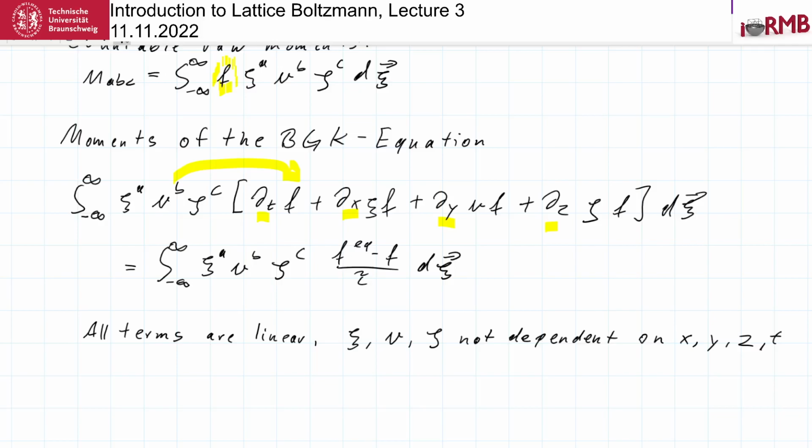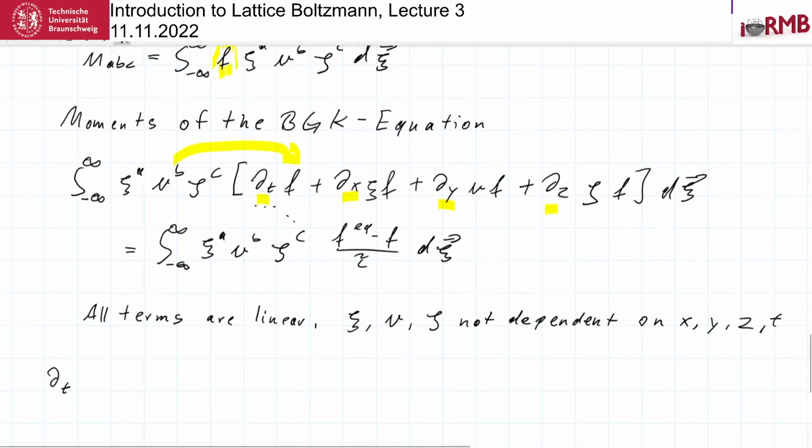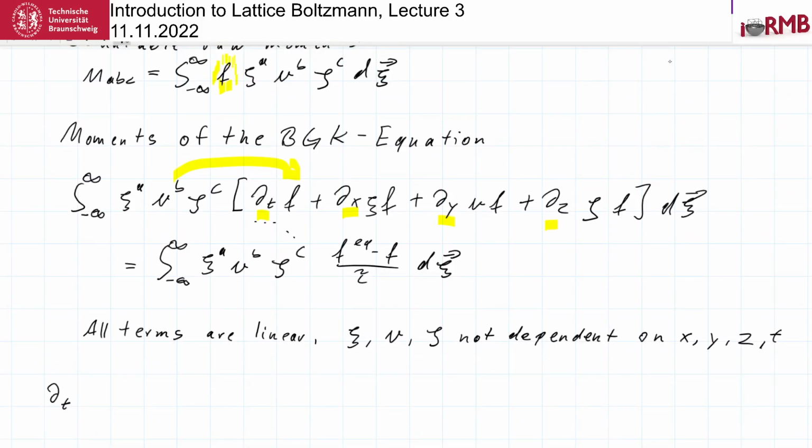Now this will look like this. We start with the time derivative of f. We put xi to the power of a, epsilon to the power of b, zeta to the power of c onto f, and put the integral also on the f, which gives us the moment m_abc.